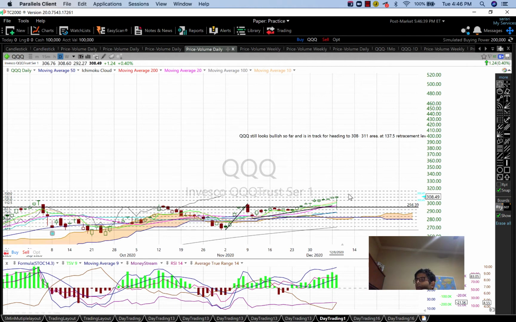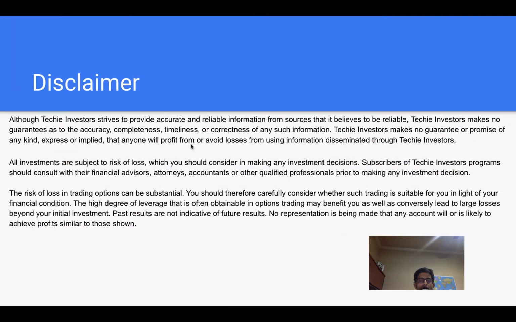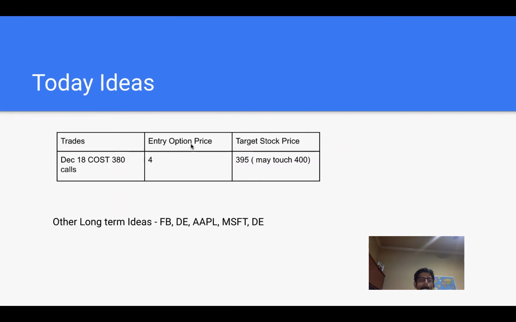That's pretty much about the market updates, folks. Having said this, let's look at one of the ideas that I entered today, which was COST. COST is Costco. I had mentioned it in yesterday's option trading ideas that this could go up for the earnings.